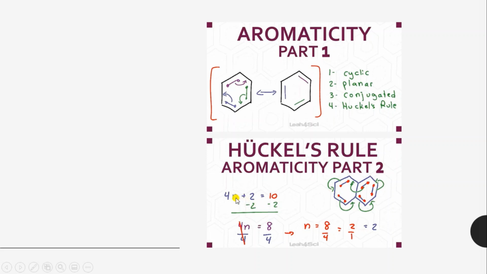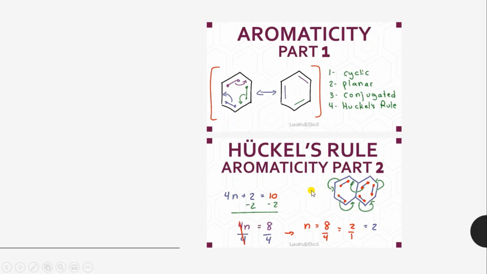So 4n plus 2, the minimum carbon ring compound for the aromatic system, is the cyclopropane ring with a positive charge, with a single double bond inside the ring.